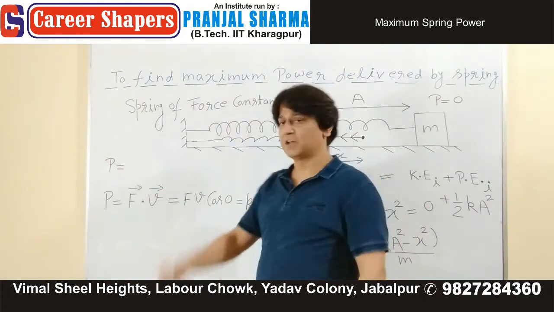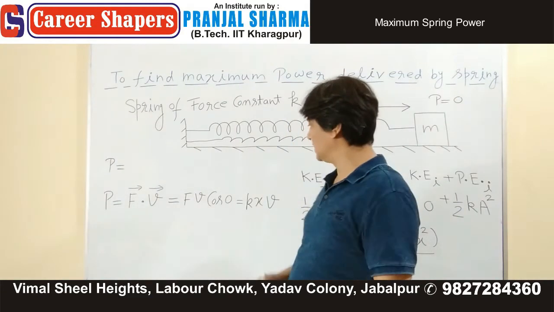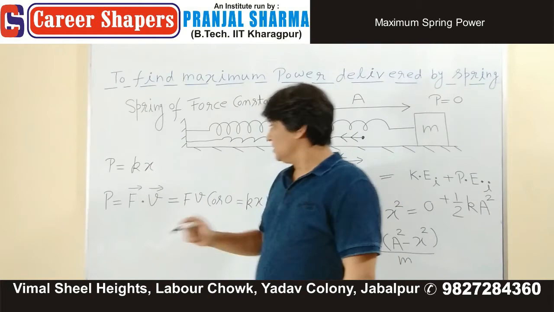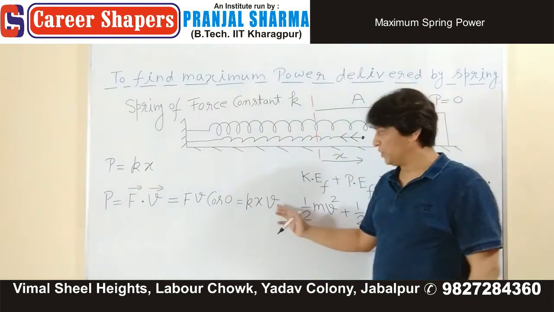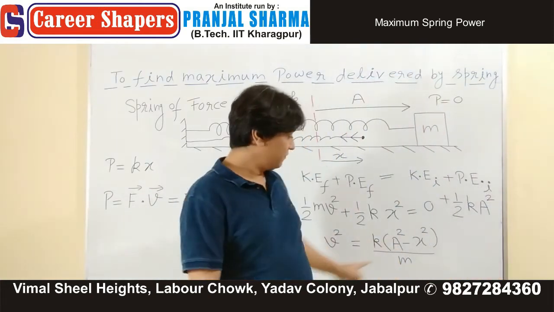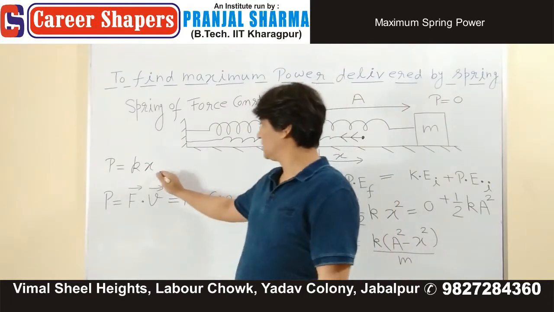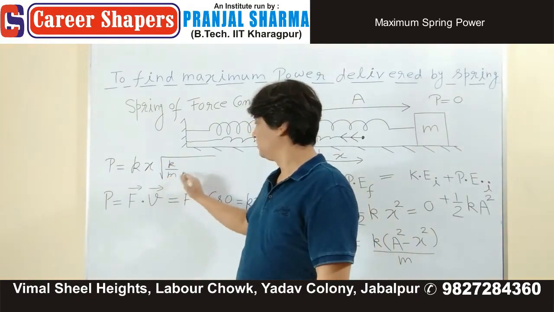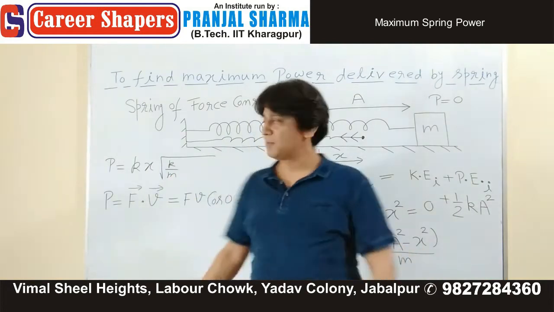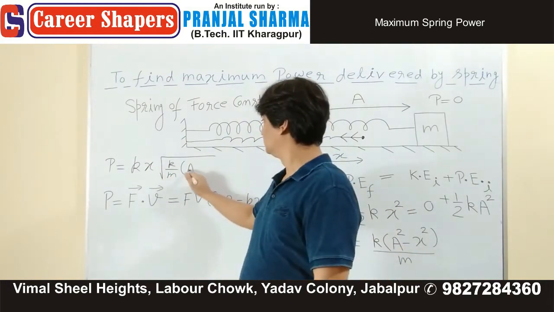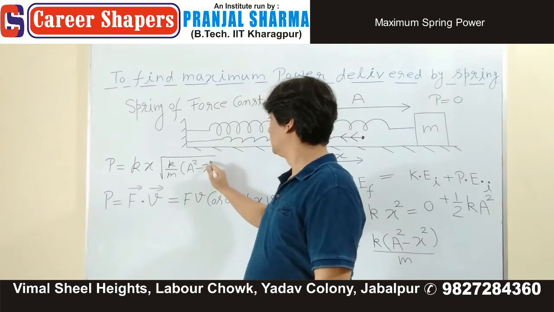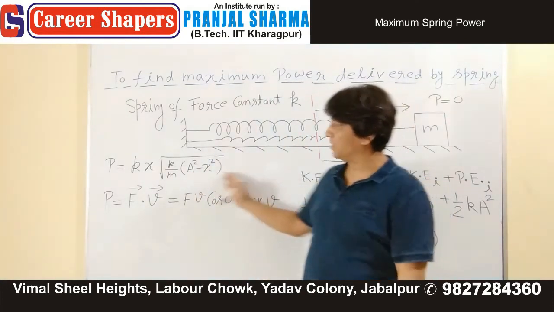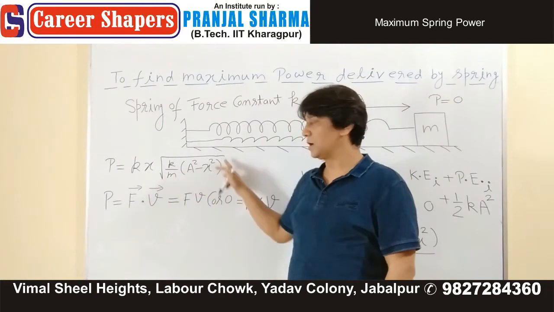If somebody is comfortable with differentiation, they can easily handle this. But still, why waste time in that? Somebody who puts the value of v by taking the square root of this ends up with root over k by m a square minus x square. So now we need to differentiate this with a square root.